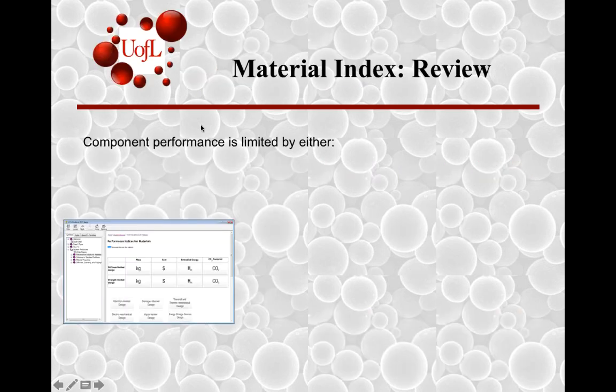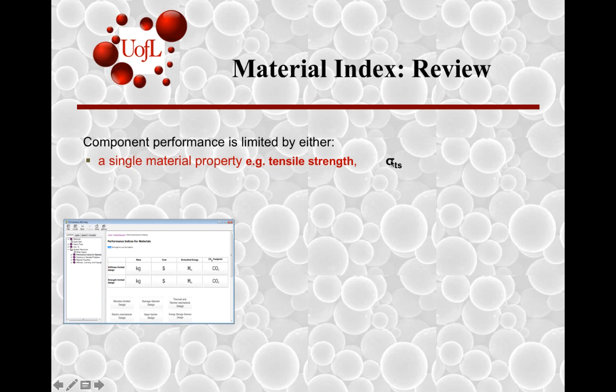In the previous class, we introduced the concept of materials index. Have you had a chance to review that? To consider what is a material index and why is it useful, let's take a look at component performance. Normally, we would have a set of properties that define its selection in a design.